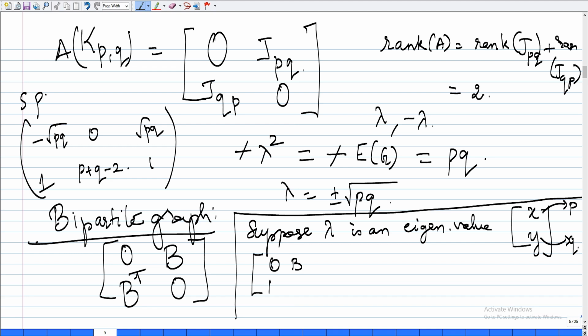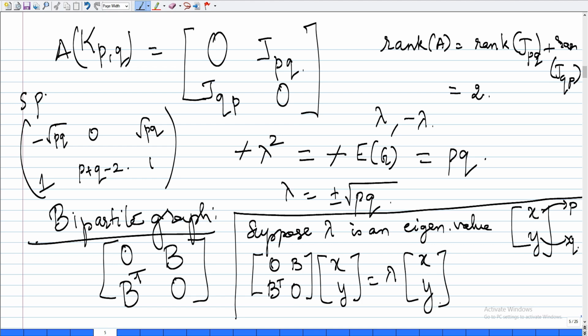I have this matrix 0 B, B transpose 0 times xy, and this would be equal to lambda times xy. By my representation, if lambda is an eigenvalue, this should be true. So, from here I have By equal to lambda x and B transpose x equal to lambda y. So, let us keep this in mind.